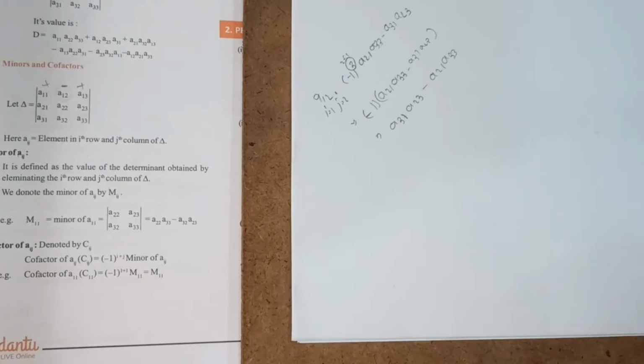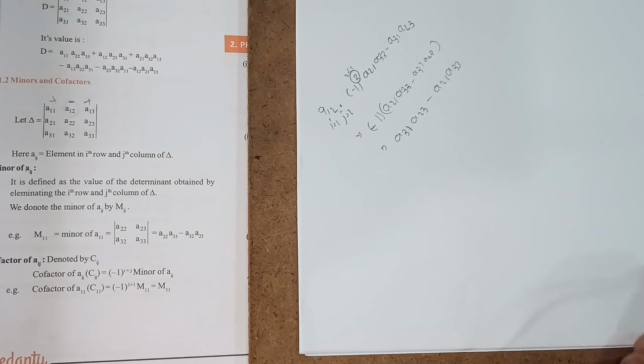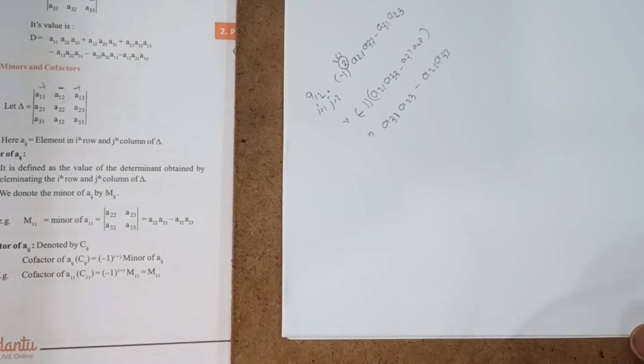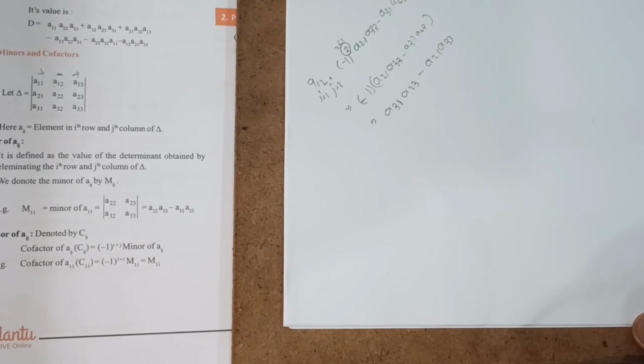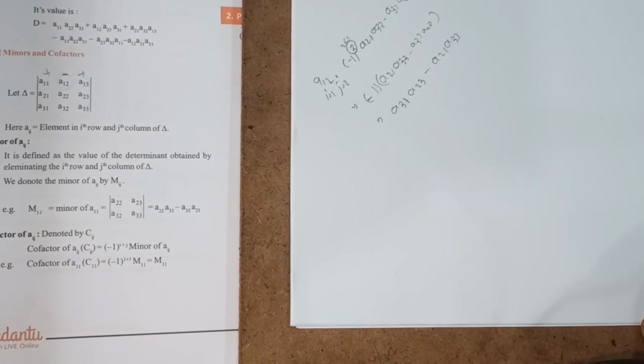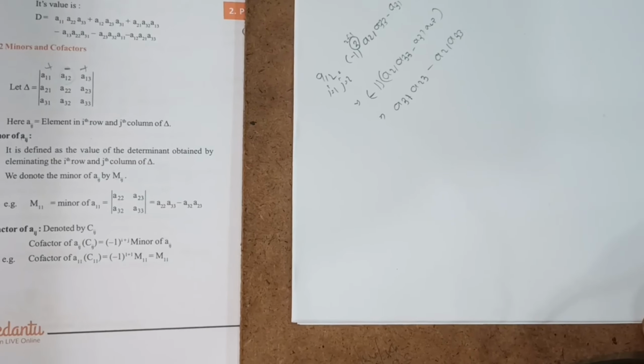So this is the cofactor of A12. Here you got two examples, so you can easily understand what the cofactor of Aij is. This is the explanation of cofactor.